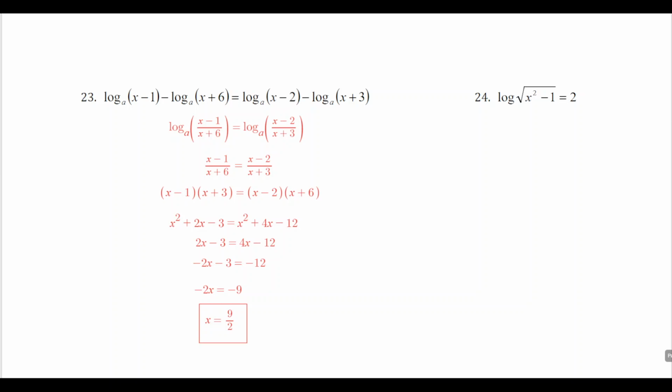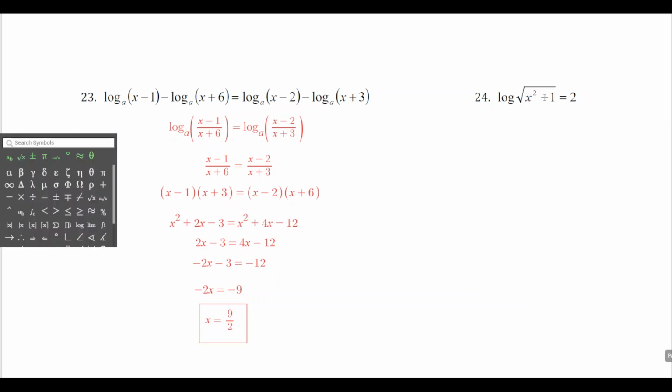All right, looks like with number 24, we get a little bit of a reprieve here. One that's not going to take as much work to solve. So here, I think what I'm going to do is first rewrite this as x squared minus 1 to the 1/2 power, and then rewrite this using the power property as 1/2 times the log of x squared minus 1 equals 2, and then multiply both sides by 2.